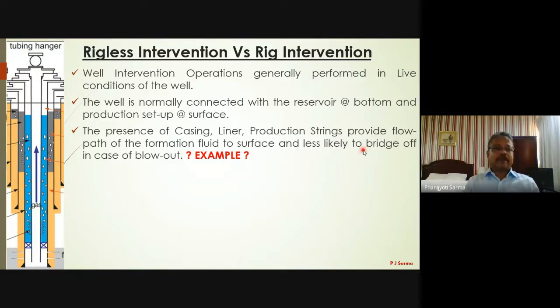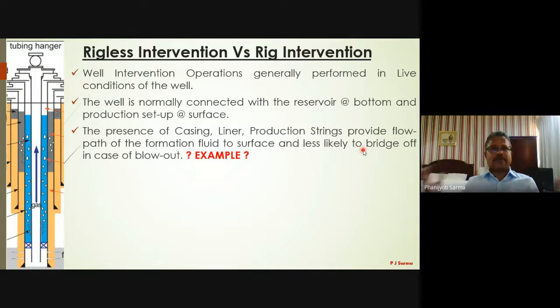So what happens in drilling? While drilling, the downhole completion is not in place because they are drilling and are going to put the downhole completion later. In the process of drilling, if a blowout happens, a lot of times the hole gets collapsed because there is no casing.